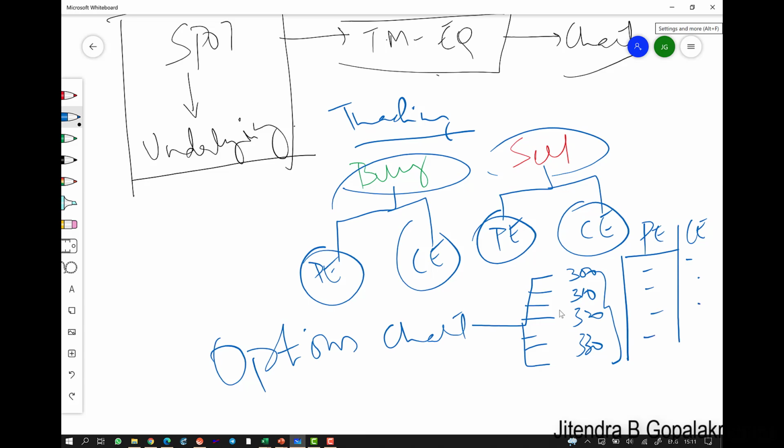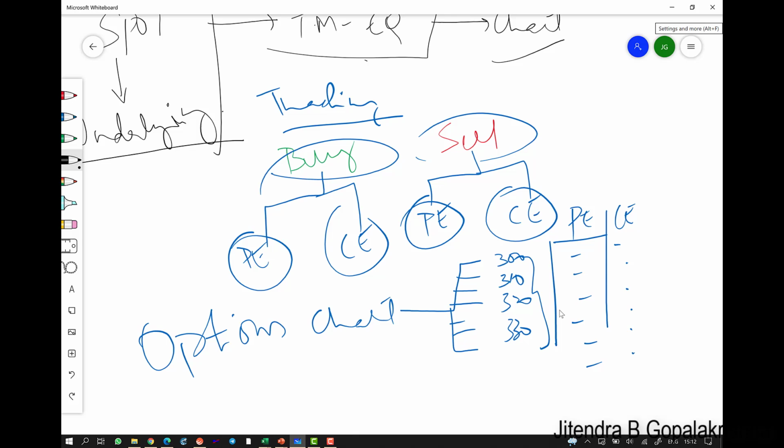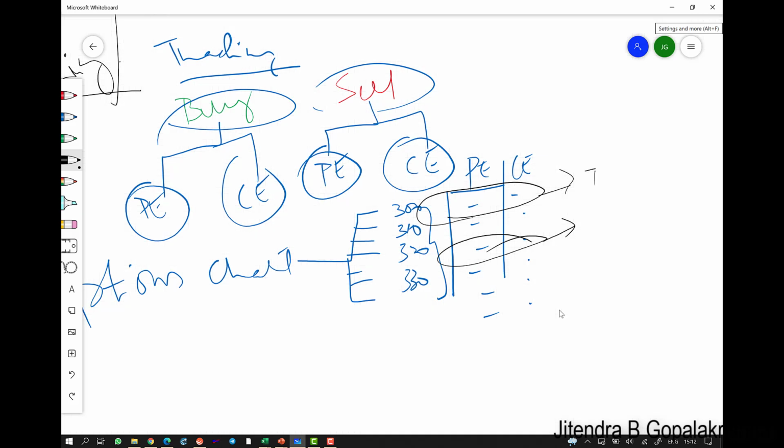So everyone will have a different chart. So you will pick up that respective chart which you want to trade and put your buy or sell orders there.